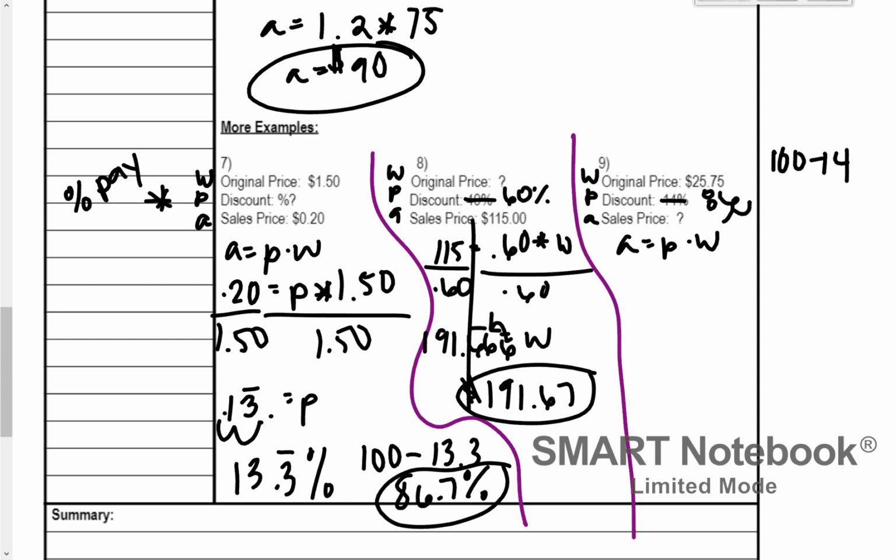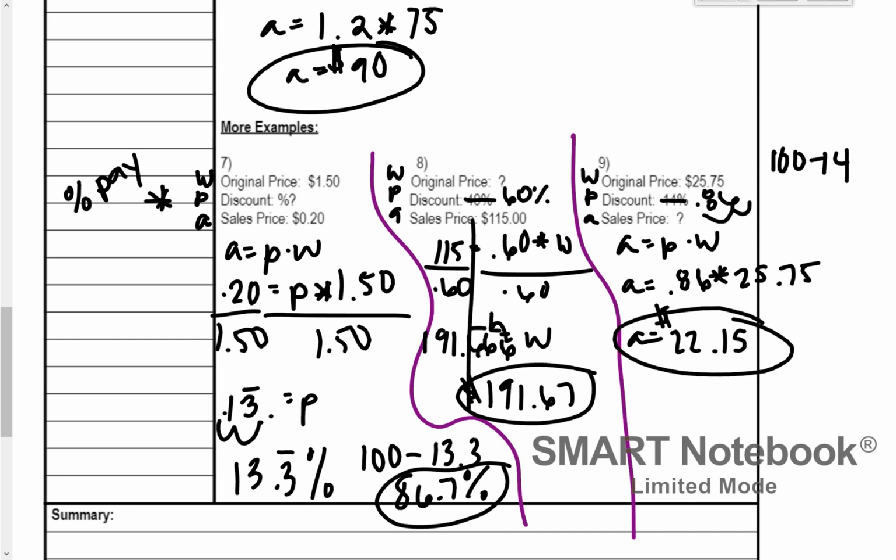We're going to make that percent into a decimal. So we have our sales price, we don't know, equals 0.86 times our original price. Put that into our calculator, and we get our sales price of $22.15 because that 5 would tell that 4 to round up.